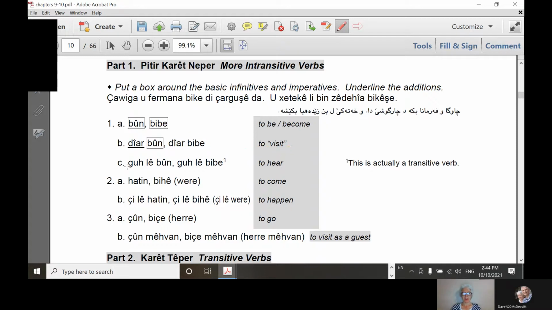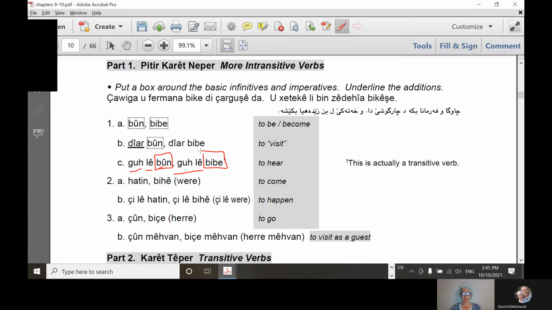And then to hear comes from the words ear, of it, be, or become. Oh, it's actually a transitive verb.